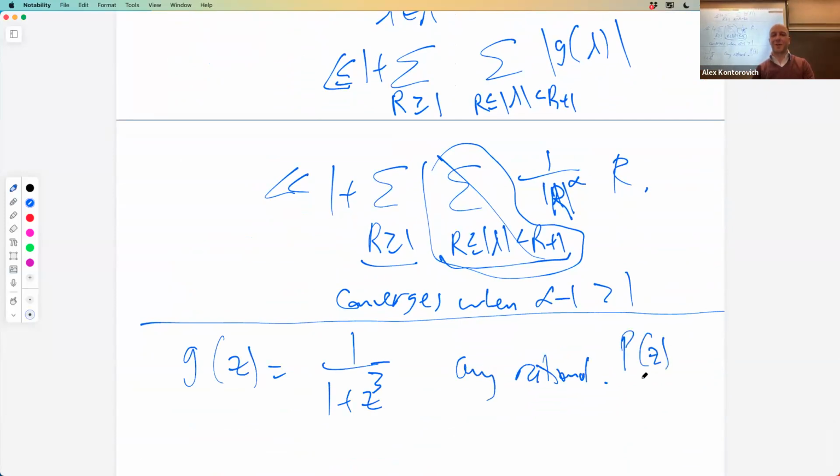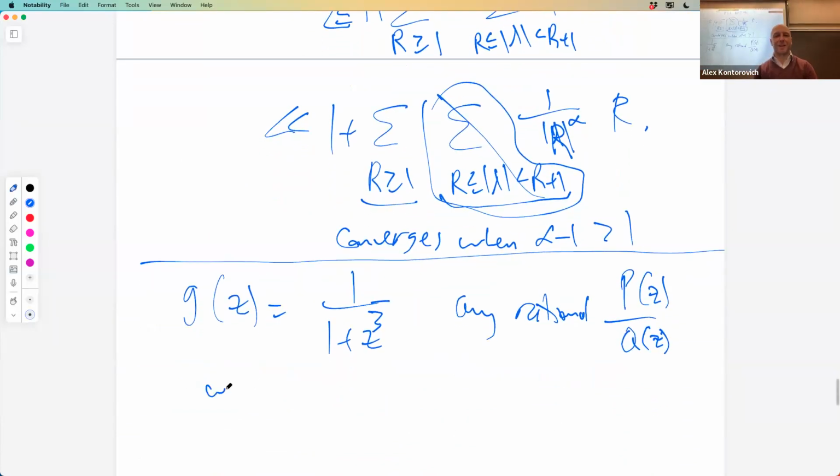In fact, any rational function P of z over Q of z, with the degree of P being at most the degree of Q minus 3, or let's be explicit, with total degree at most -3, is going to be something where the numerator over the denominator will grow like 1 over z cubed, and 1 over z cubed is plenty.